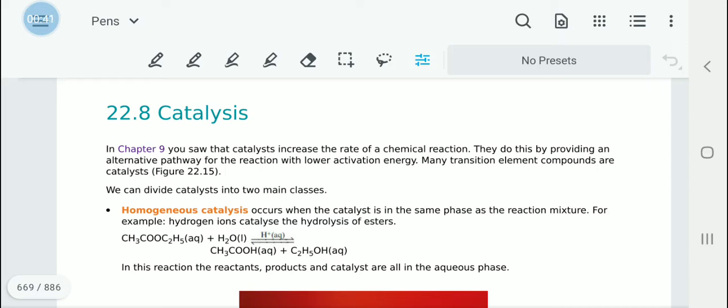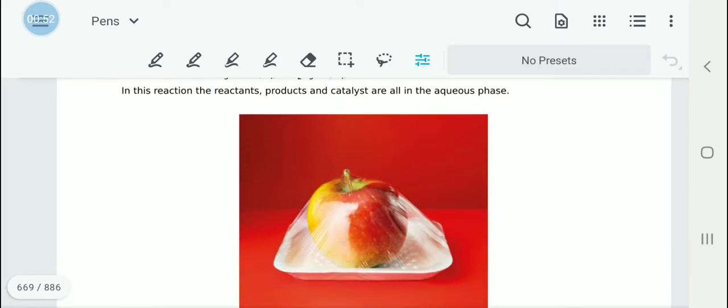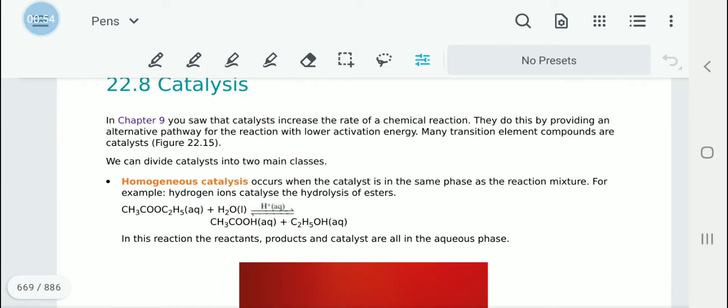Then there are two classes of catalysts that we can discuss: homogeneous catalysts and heterogeneous catalysts. Homogeneous catalysis will occur when the catalyst is in the same phase as the reaction mixture. When esters are to be hydrolyzed, hydrogen ions will catalyze the reaction.